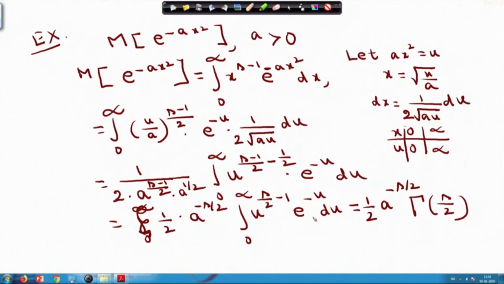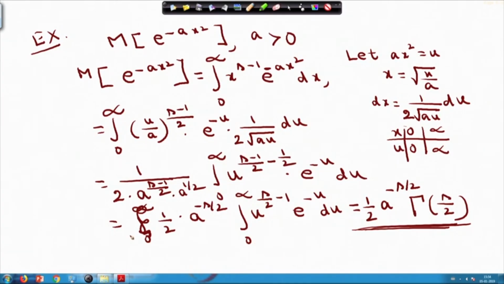Therefore, the Mellin transform of e to the power minus a x square is nothing but half into a to the power minus s by 2 into gamma of s by 2. Please note this result, because afterwards we will use it for certain other examples: the Mellin transform of e to the power minus a x square equals half into a to the power minus s by 2 into gamma of s by 2.